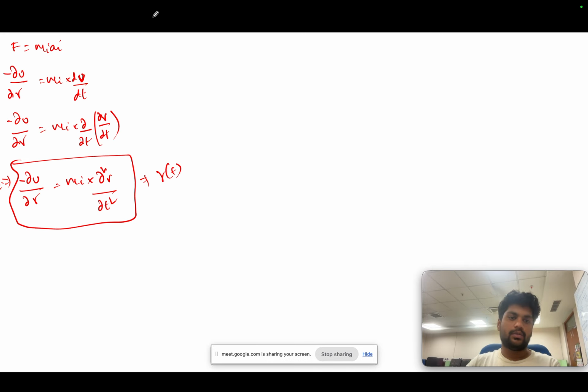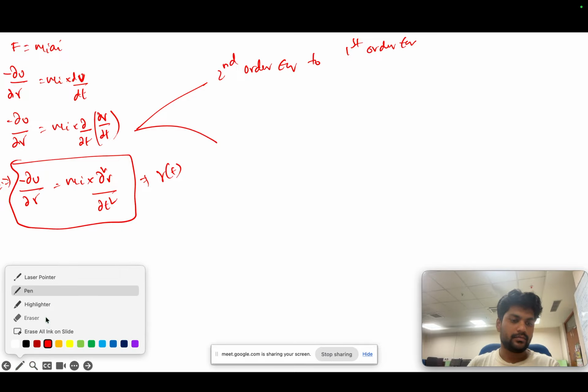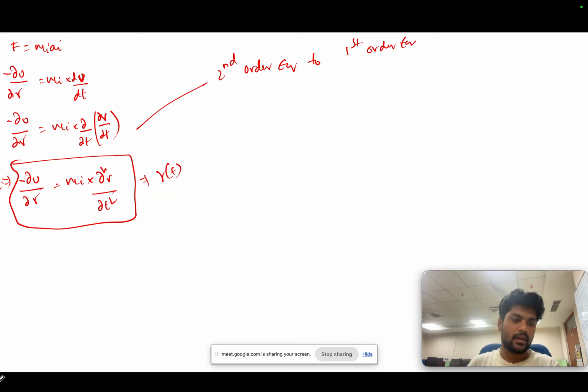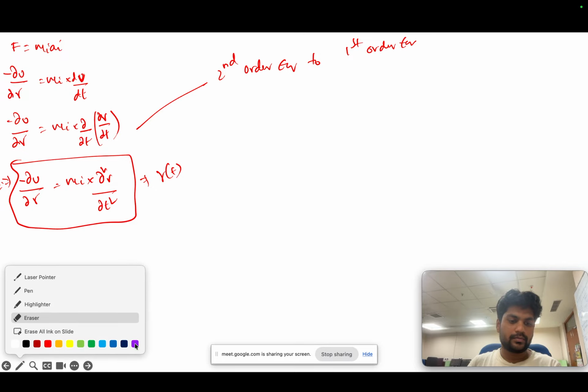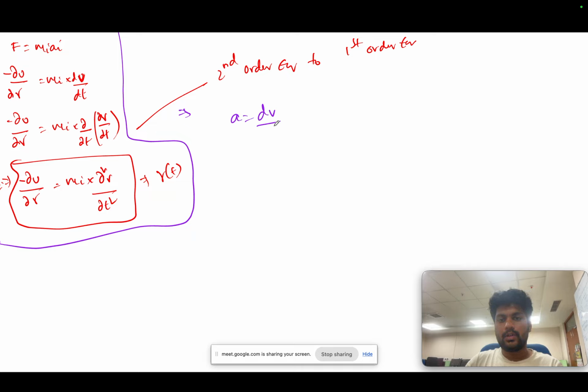So how to do it? To get the new coordinates, we will split this second order equation into first order equations. We will convert the second order equation to first order equation for simplicity of the calculation. So now we know that a equal to dv by dt.